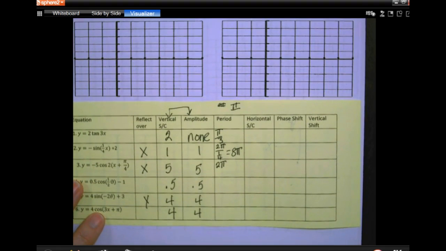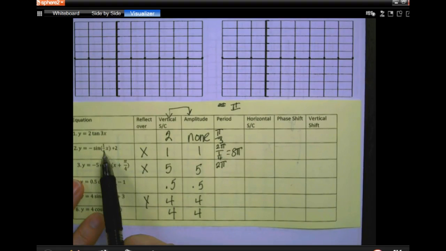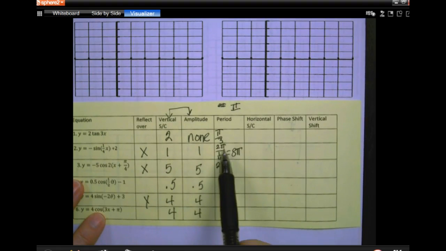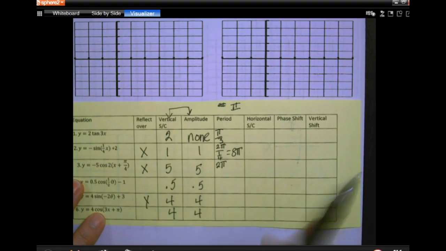You have the 1/4 in front of the x, right? So you divide the period by that number. Always. That's the only rule for period.